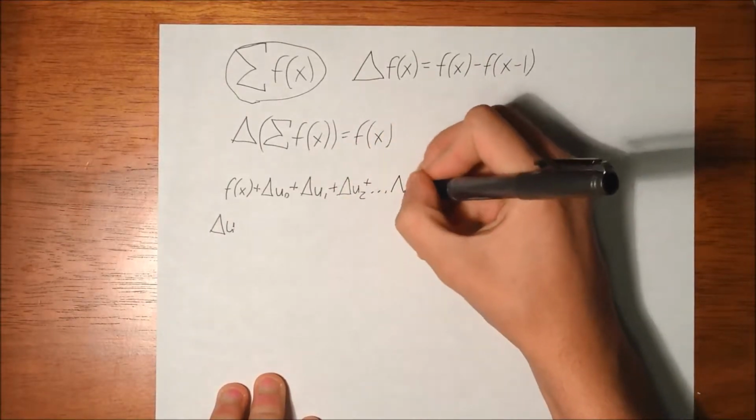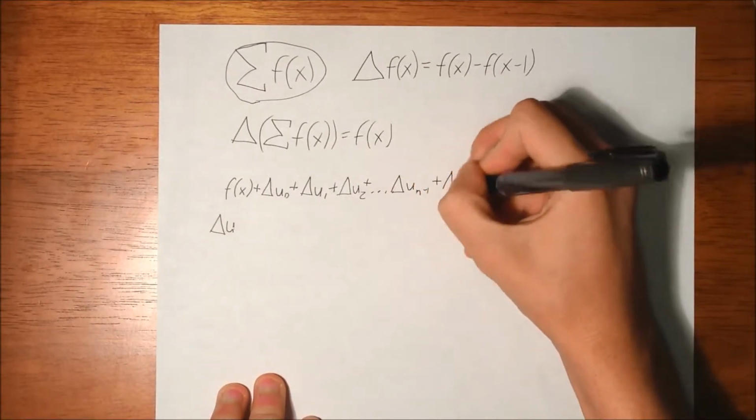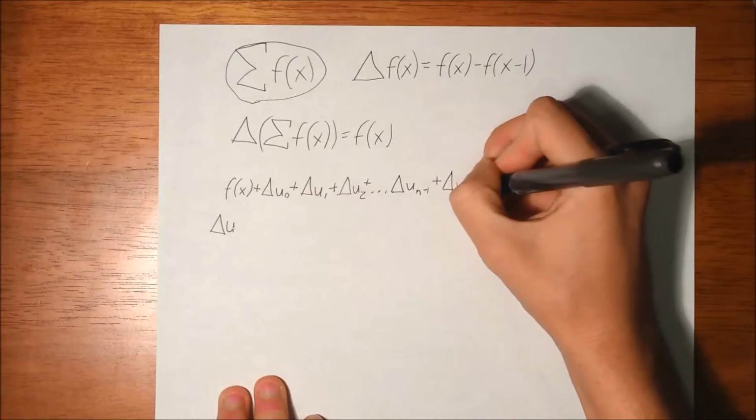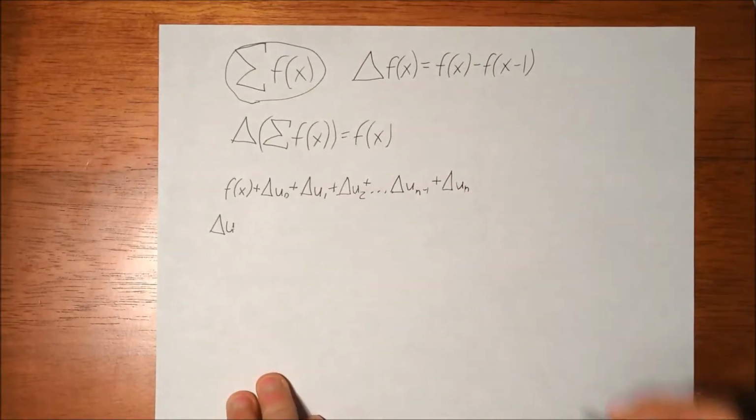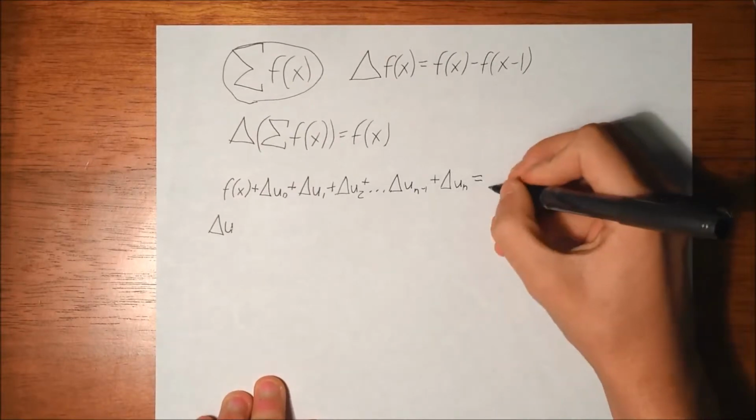And you keep adding as many delta u's as it takes, until you get to 0.